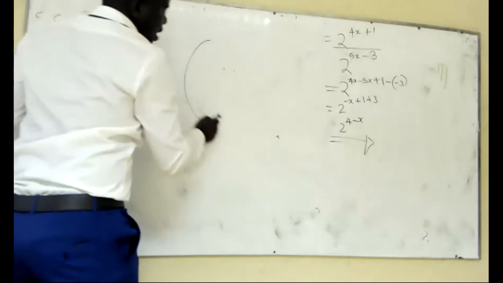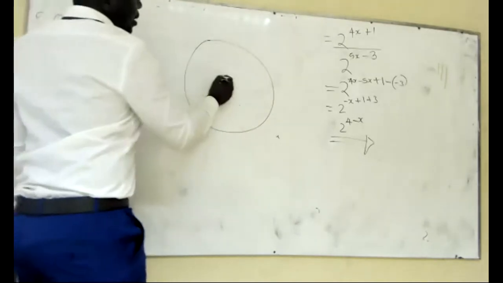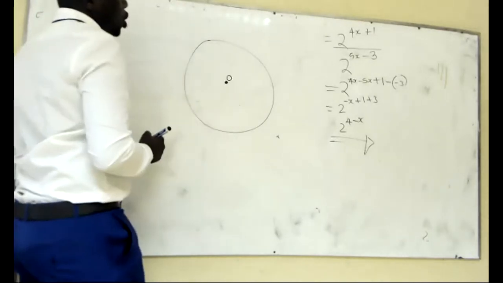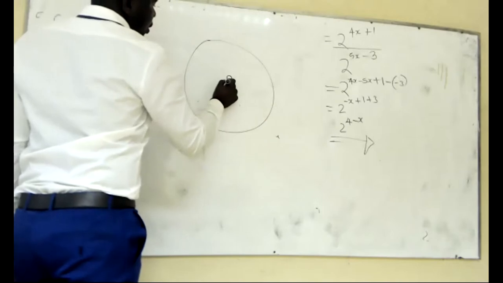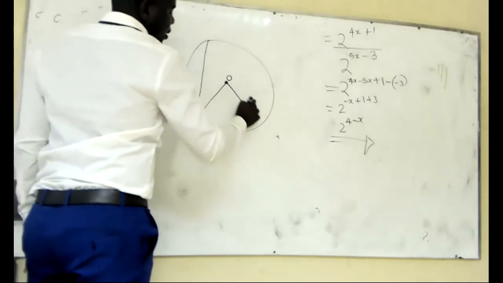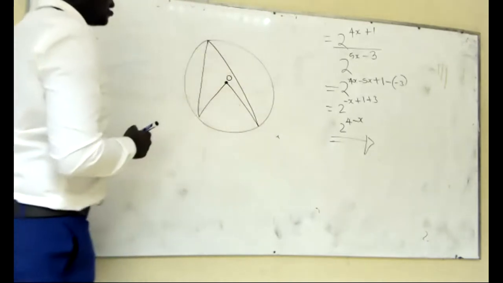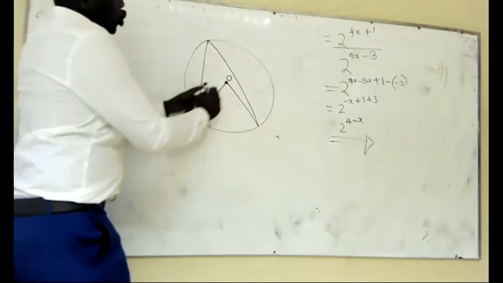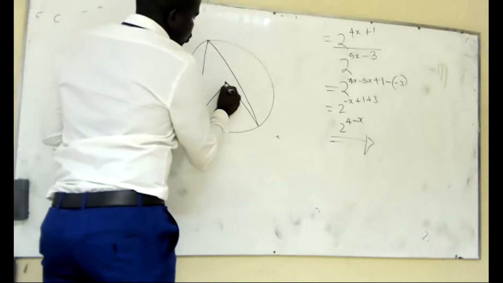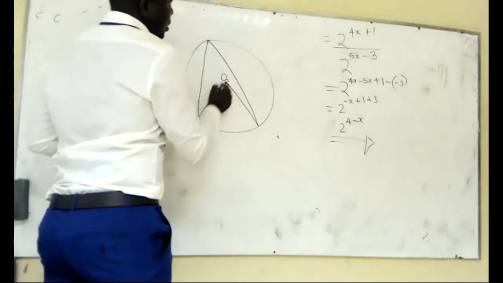Okay, so we have a circle. We're given a circle, and this circle has a center O. Then we construct a triangle inside that circle. So we have, let's say this is O1 and this is O2 for simplicity.